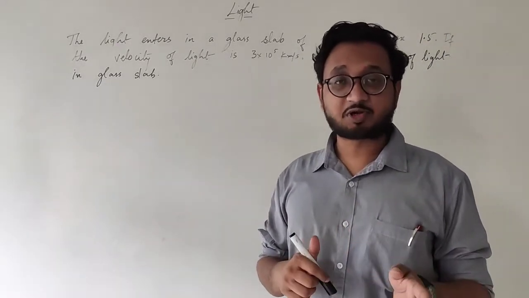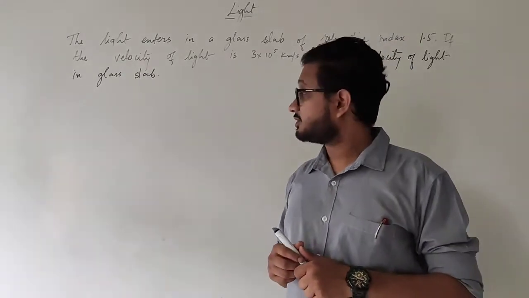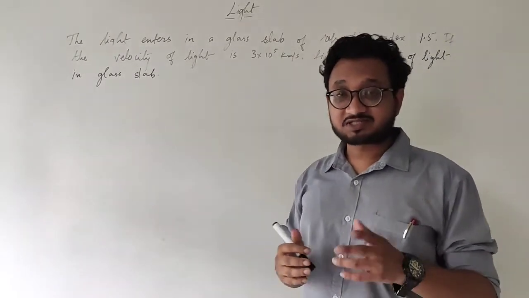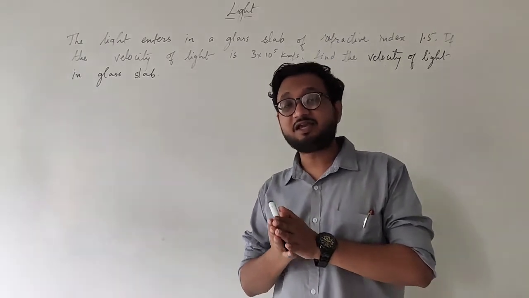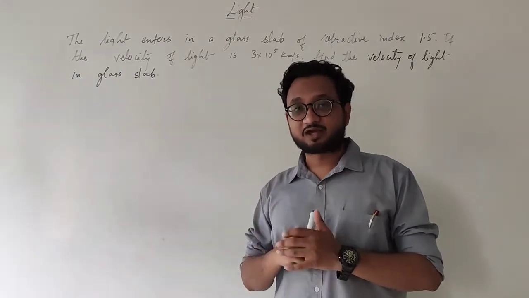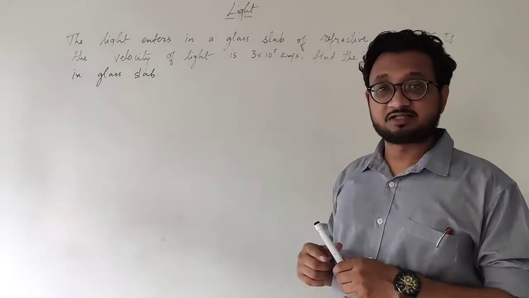So we will take it as it is, because it is approximately the same as that in vacuum. In some numericals it might be given as 2.98, but it is still almost the same. Like I said, it is very close, so it is taken as the same.